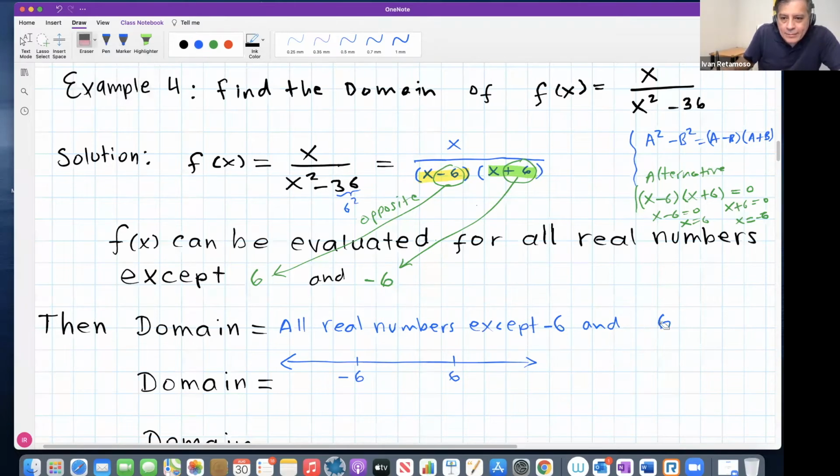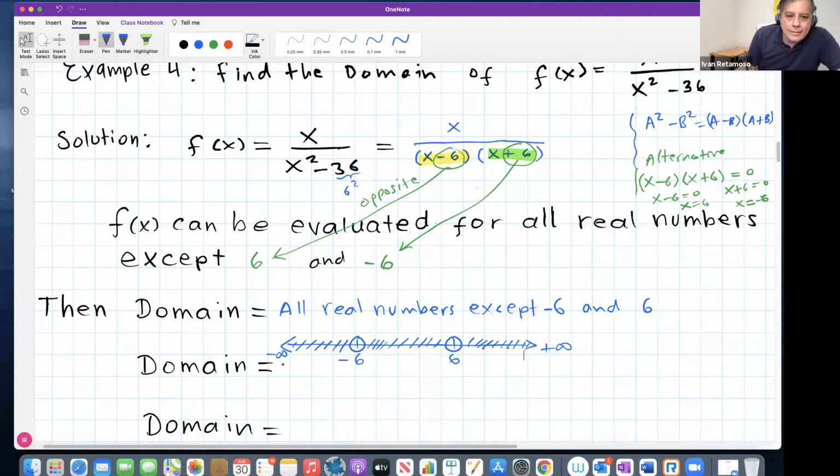It doesn't have to be, but for the purpose of the explanation, it will be better. So here, hollow circles, empty circles, and you shade or color all the rest. Minus infinity here, plus infinity here. We're coloring all the rest, or shading, or taking all the rest, right?